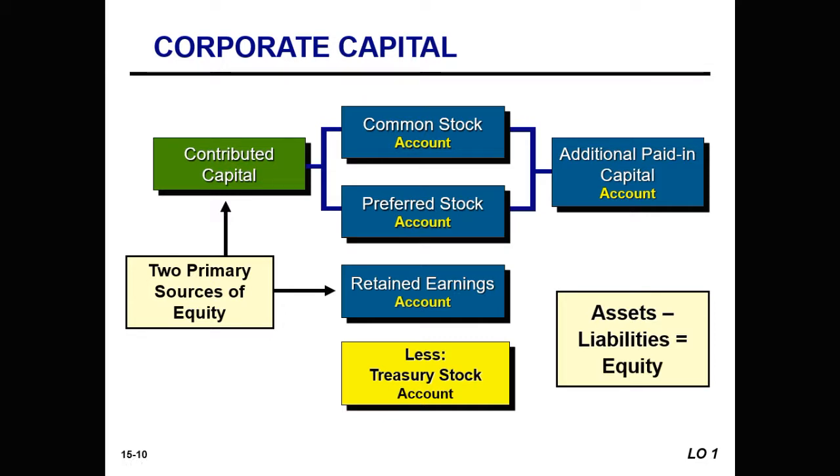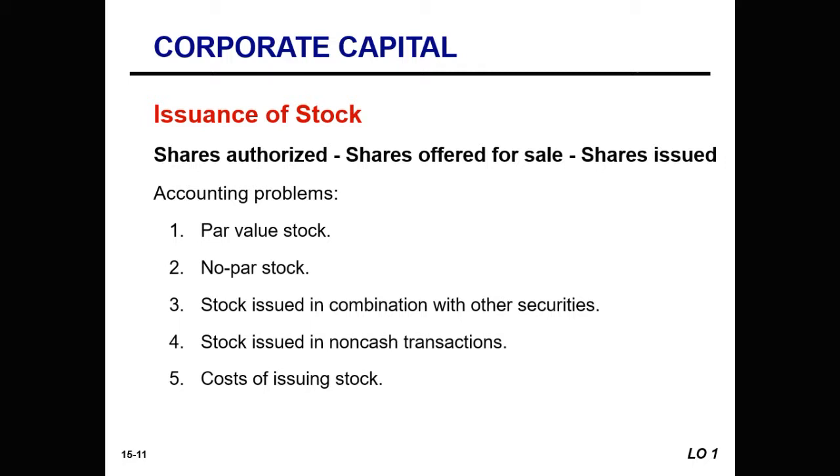So you have filed a state charter, and you need to issue your stock. There are some terms that you should be familiar with that deal with the issuance of stock. One is shares.